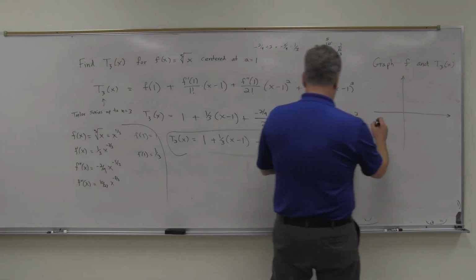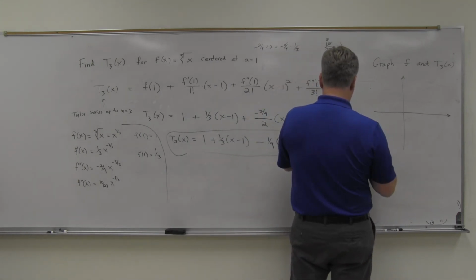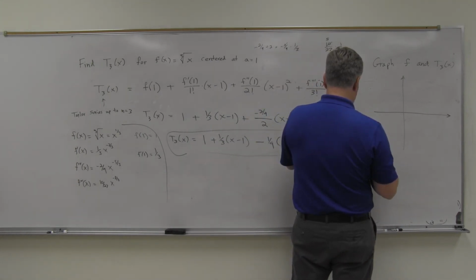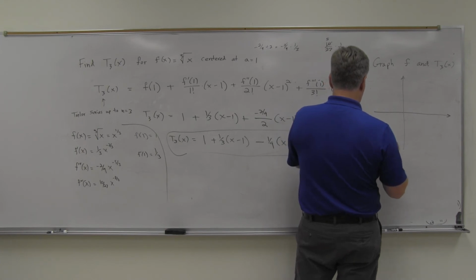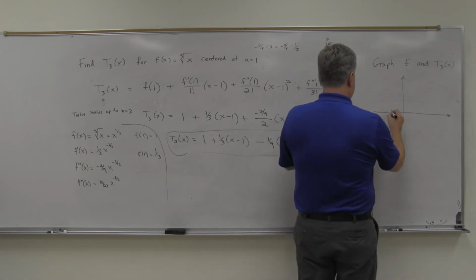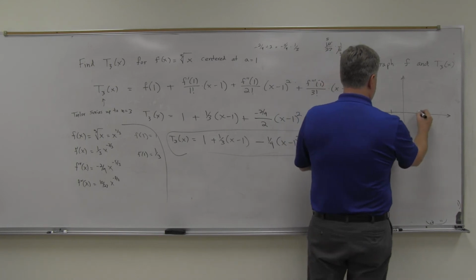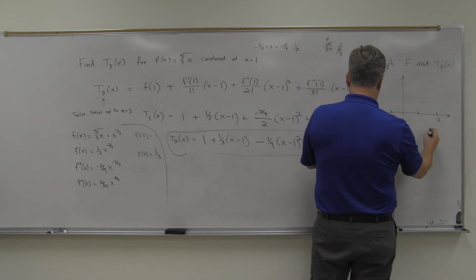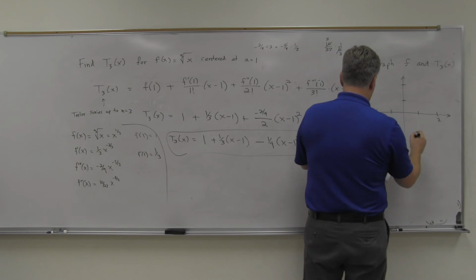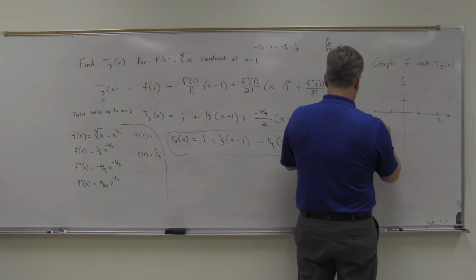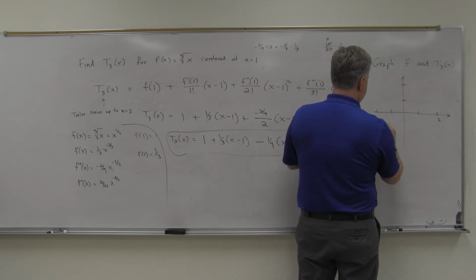All right, so the cube root of x, you might want to zoom in a bit. So this is basically negative 2 to positive 2. Here's cube root of x.